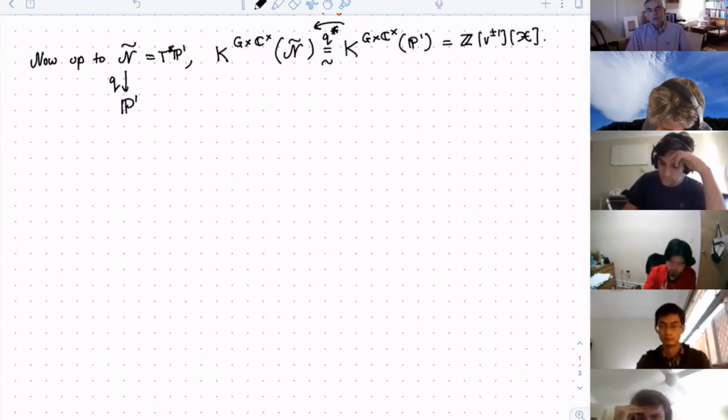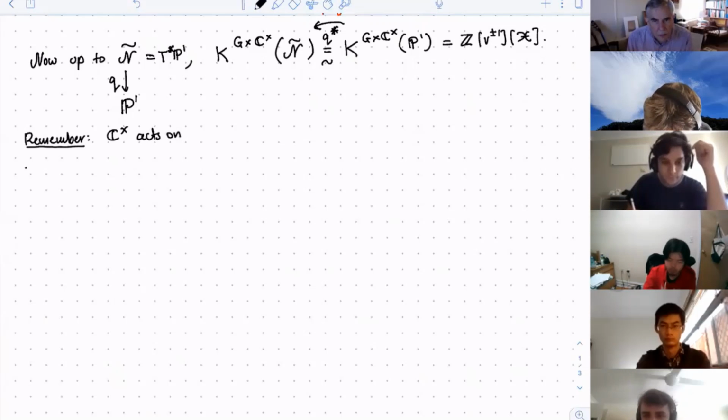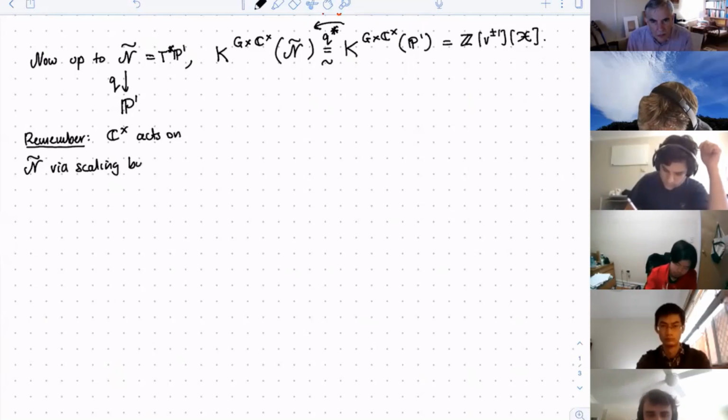And remember, I'm saying remember, and I actually didn't fix the power of Z, but that C star acts on n tilde via scaling, so Z squared.